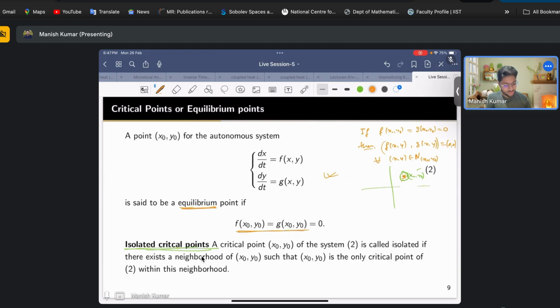So this is what isolated means. Isolated means the point is living far from the other critical points. In English terms, isolated means keeping away from something. So here isolated means that you are a bit far from other critical points or other equilibrium points.